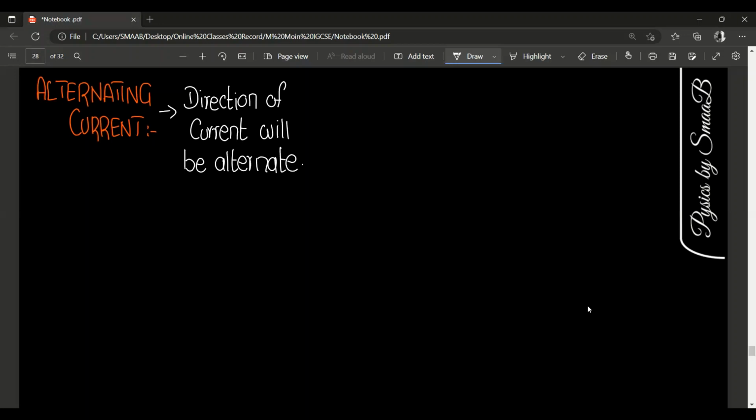Current will flow in forward direction, and after some microseconds of time current will also flow in backward direction, right?